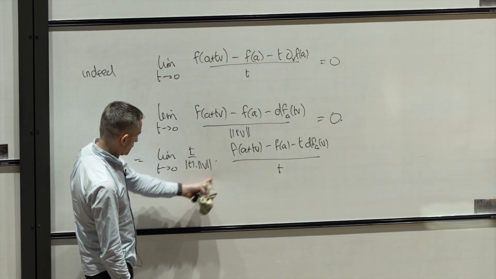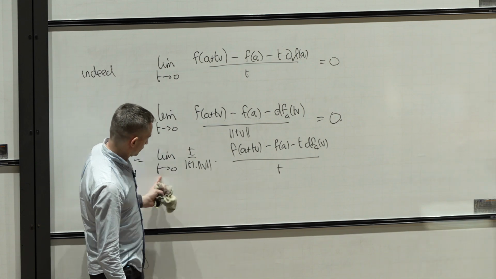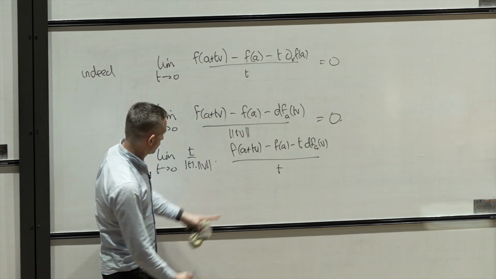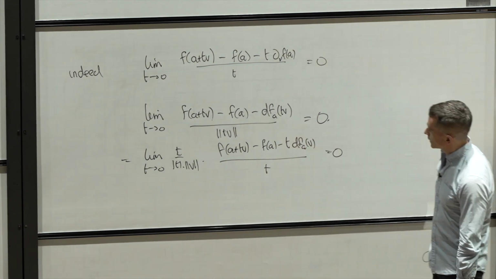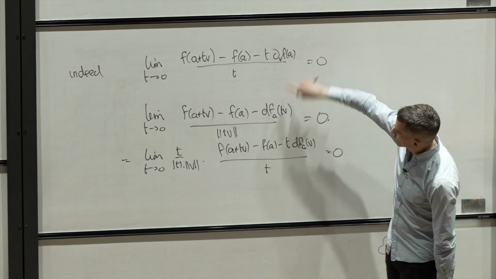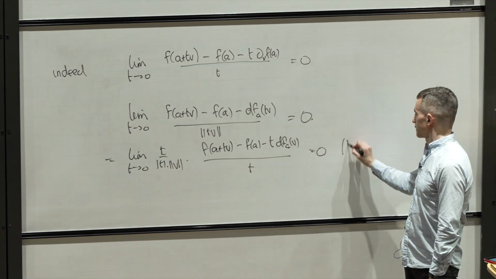So this is bounded. Because this goes to 0, this goes to 0, and that means that this vector here satisfies the definition of the directional derivative.